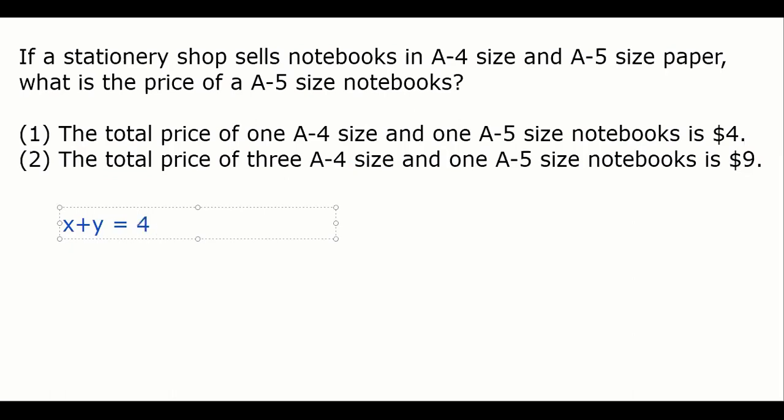So one alone is not sufficient because we don't know either X or Y. Second alone says 3 A4 size, say 3X, and 1 A5 size, Y. From second alone also we cannot find out. But when you combine both together, two variables, two equations, we can easily find out. So both together are sufficient.